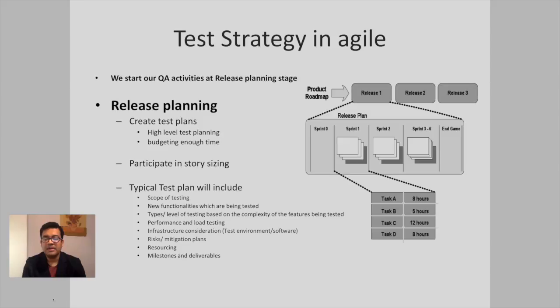A typical test plan for this Agile strategy will include the scope of testing, new functionalities that will be tested, types and levels of testing based upon the complexity of the feature being tested, performance or load testing, or any kind of non-functional testing, infrastructure considerations, the kind of test environment or the versions of software that need to be tested, risk and mitigation plan, resourcing, that is the resources who will be testing it, and any kind of management or leadership which is required.